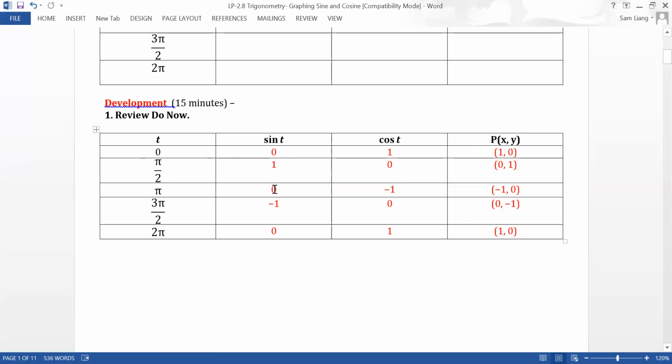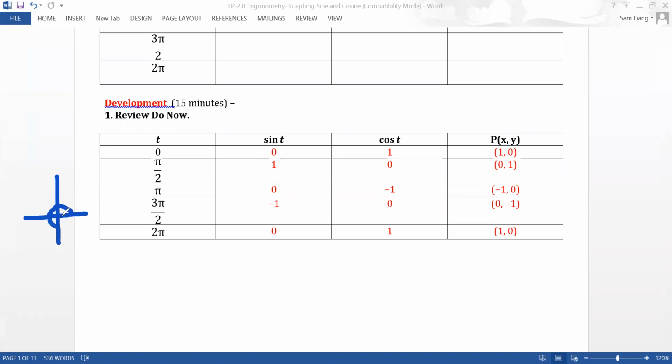And then sine of pi is 0, and cosine of pi is negative 1. Pi is on the negative x-axis, right over here. So negative 1 x coordinate makes sense, negative 1, 0. Next we have 3 pi over 2, which is here on the negative y-axis.